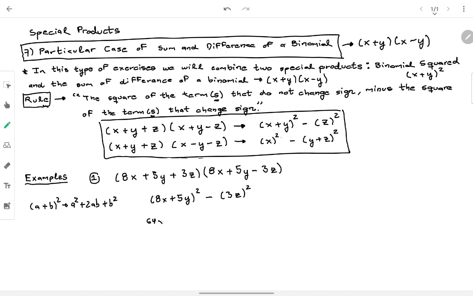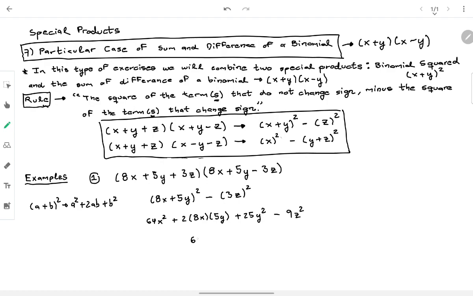So it will be 64x squared. Then plus 2 times 8x multiplied by 5y. Maybe you can do it by mind, but I will do it in steps because of explanation issues. Then it's going to be plus 25y squared minus 9c squared.